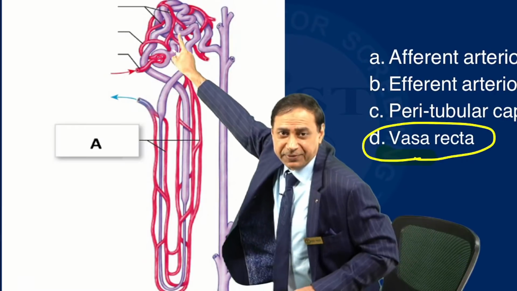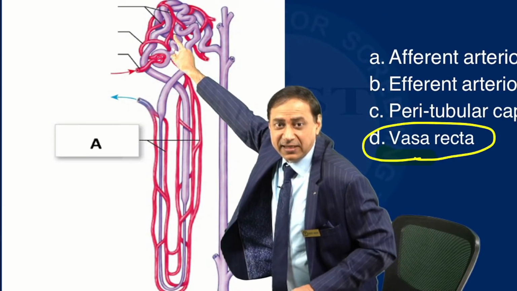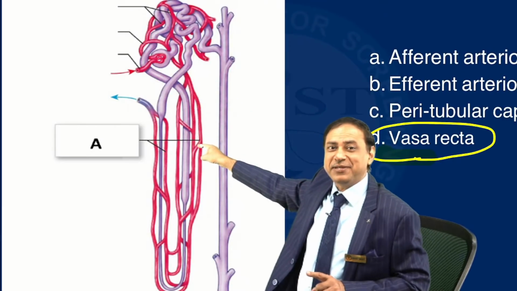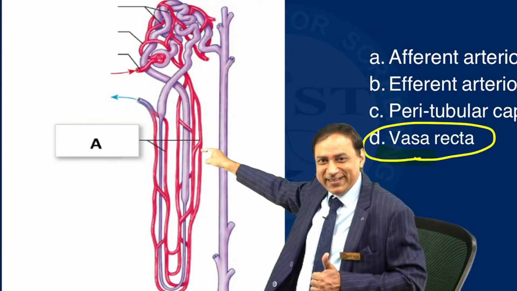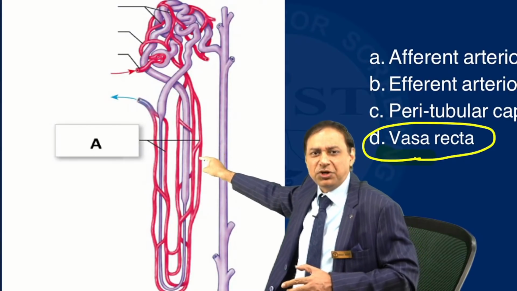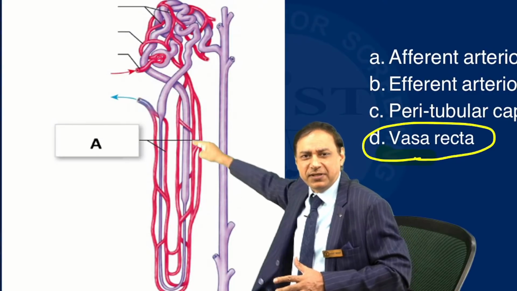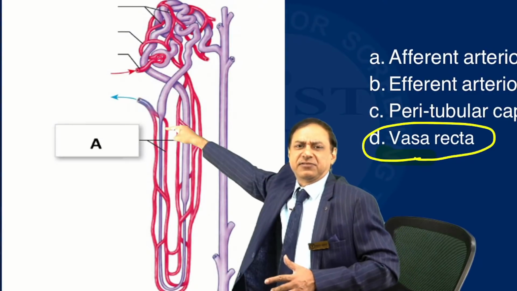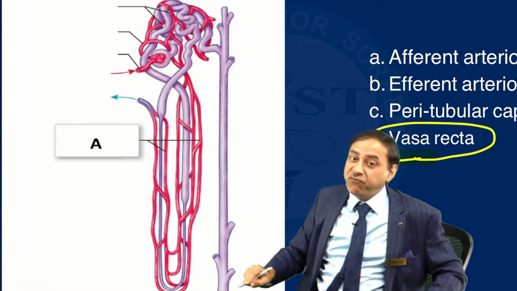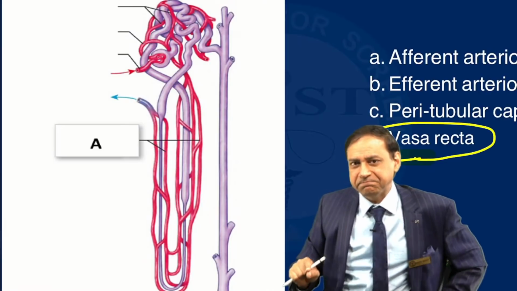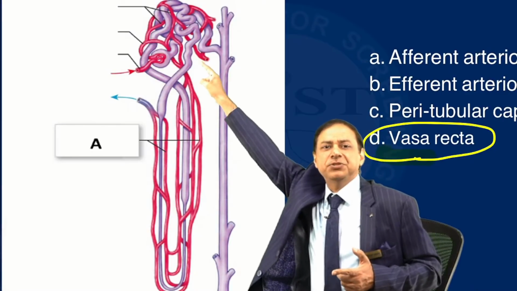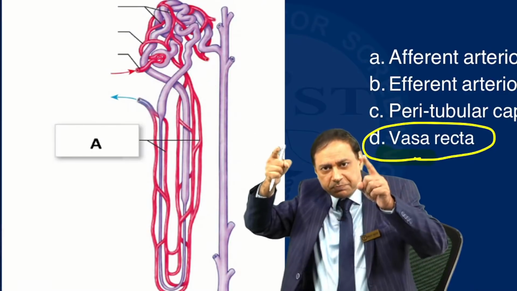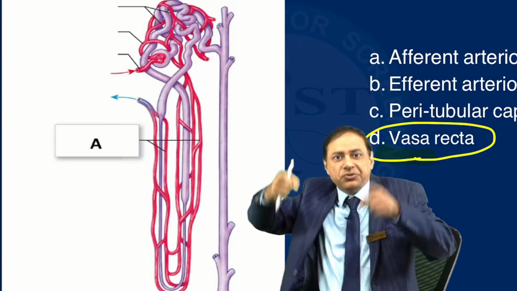The peritubular capillaries which were there are the same peritubular capillaries, but they are modified. These modified peritubular capillaries, which are long and straight vessels, are the vasa recta. Vasa recta are the modified peritubular capillaries present in the juxtamedullary nephrons.